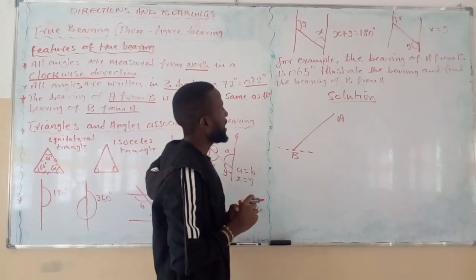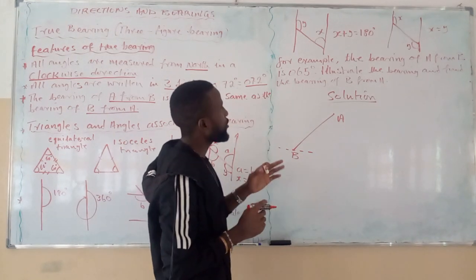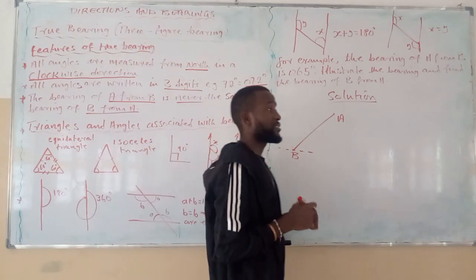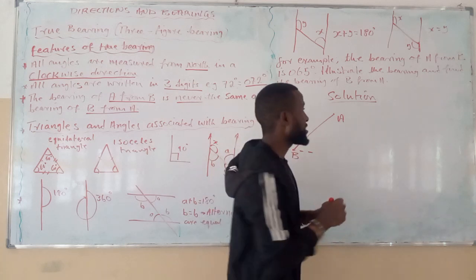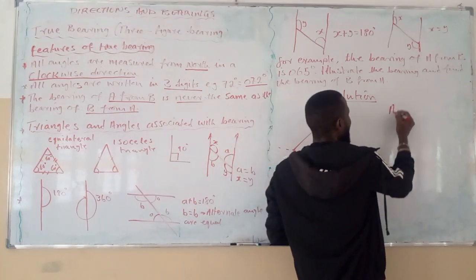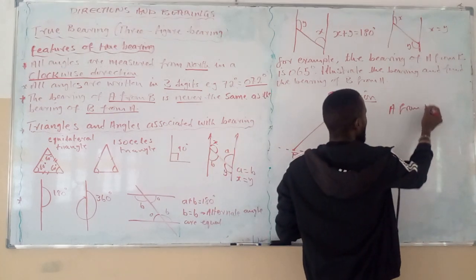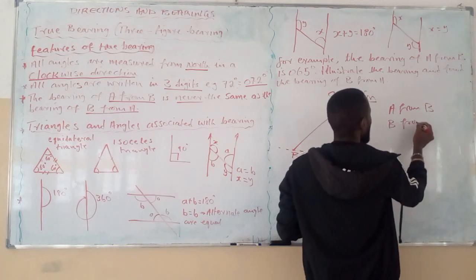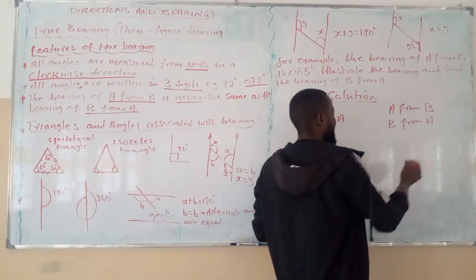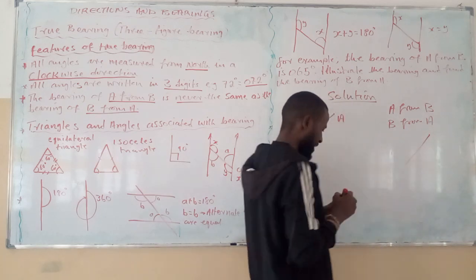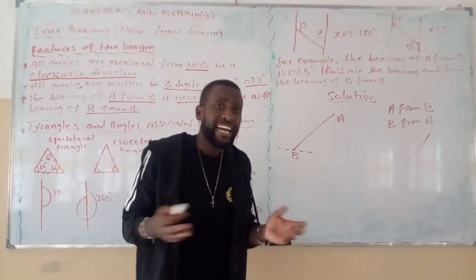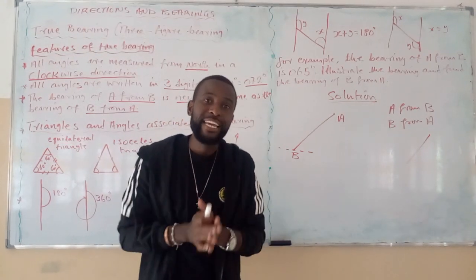Okay? Therefore, they are telling me the bearing of A from B. Keep in mind, this is one thing I need to remind you, so pay attention on this one. If they say A from B and B from A, and they have given you one single line like this, one single line, which line is my A and which line is my B?